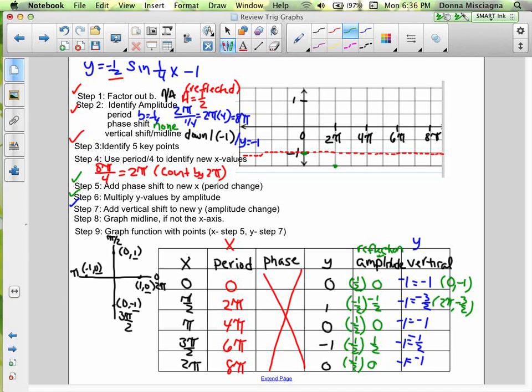And then we have 4 pi, -1. Back up on our midline. And then we have the point 6 pi, -1/2. Our relative maximum. And then finally we have the point 8 pi, -1.